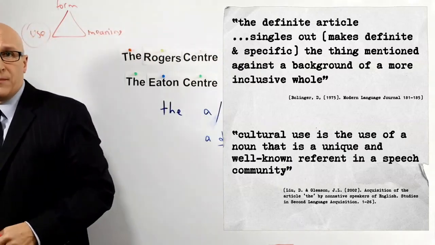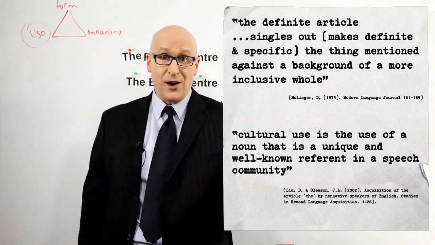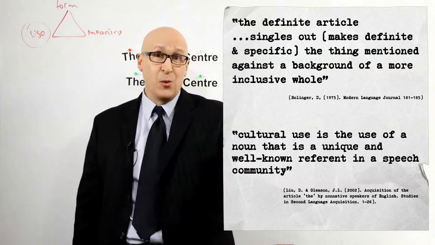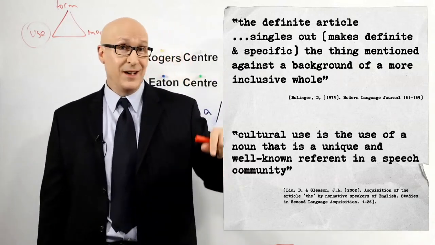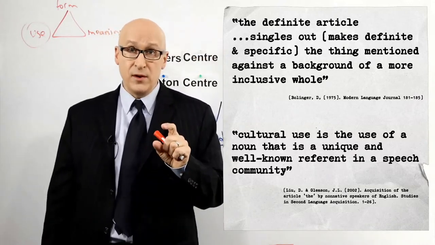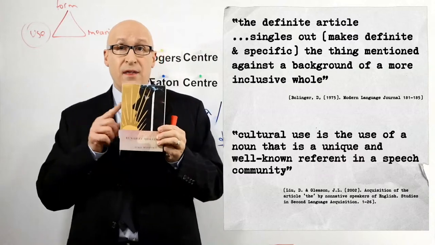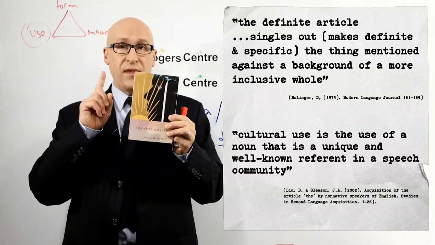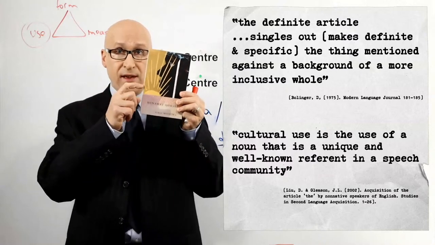So, for example, you guys know what books are, right? You've probably read lots of books. You know that in the world there are millions of books. If you go to a bookstore, you can see thousands of books. That's the background of your knowledge. And the thing mentioned is one thing, the thing.